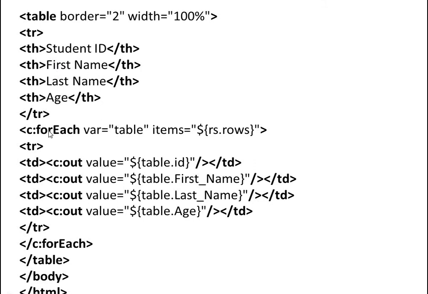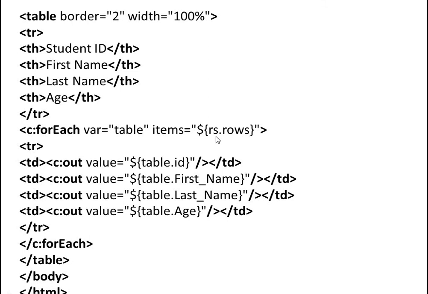And after that, in a normal JDBC connection, we'll check whether the data is present in the database. So here we'll use the core tag c:forEach, and the var is equal to table, and the items we want to display here are rs.rows.